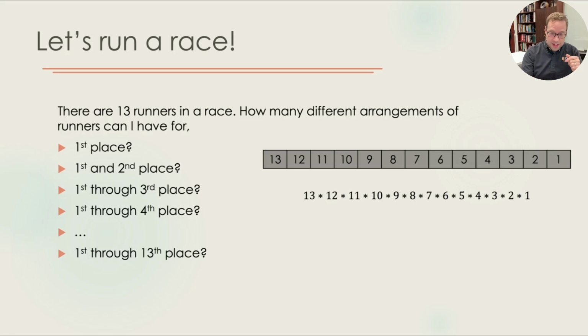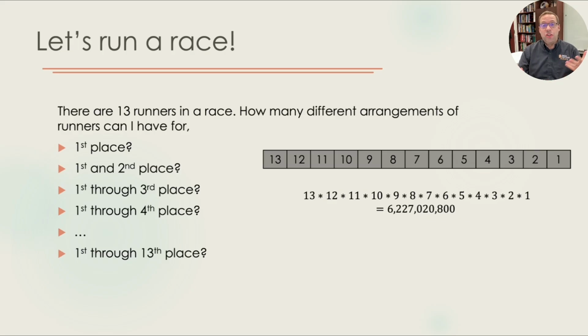All right, if I do that calculation, that comes out to be 6,227,020,800 different ways that just 13 runners could be organized as they cross the finish line.